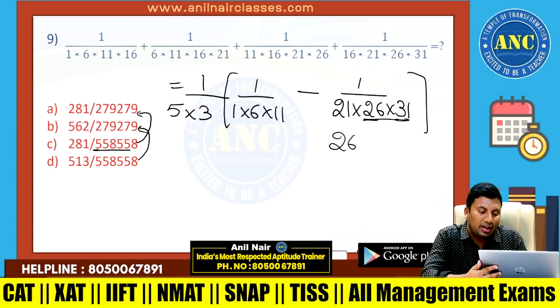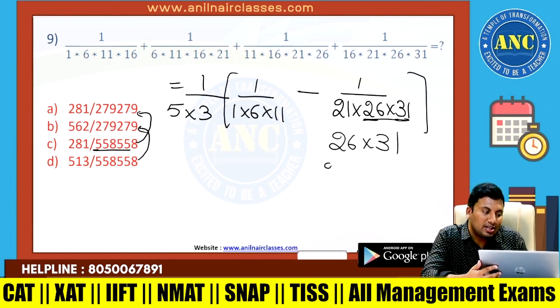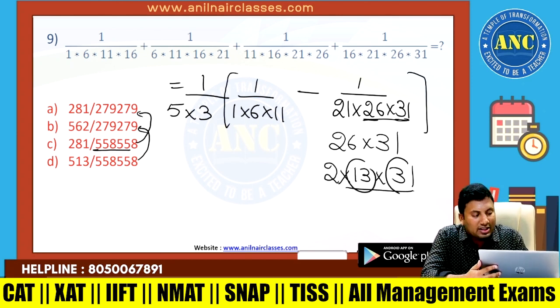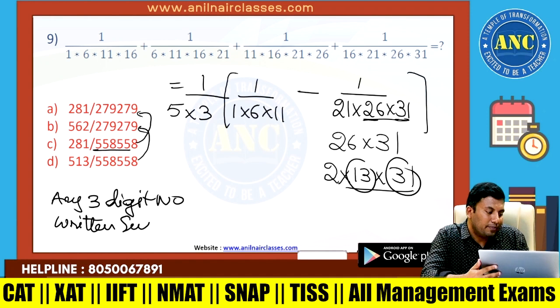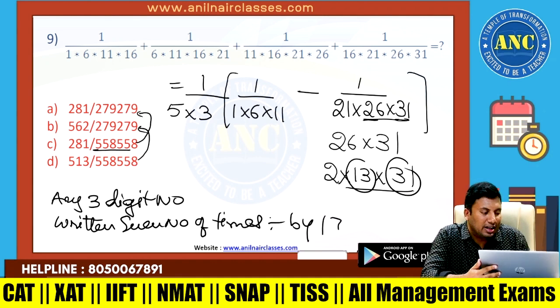26 into 31. Now see here. 26 is nothing but 2 into 13 into 31. So 13. What is 13? Any 3-digit number written an even number of times is always divisible by 13.